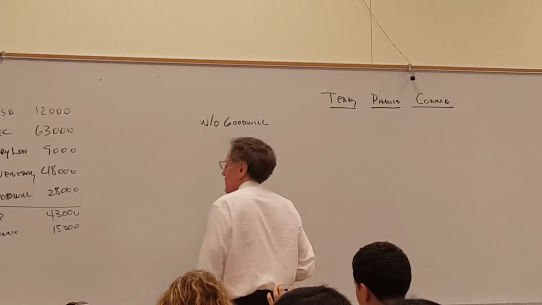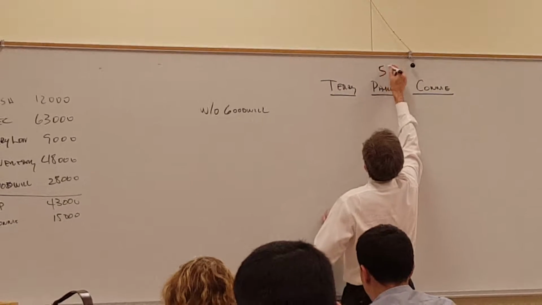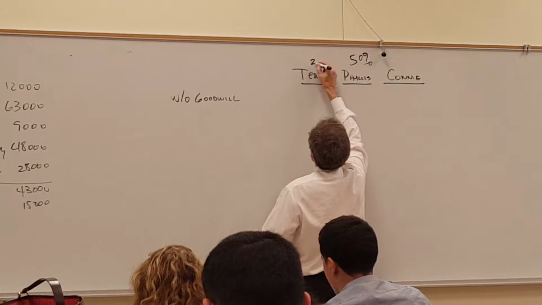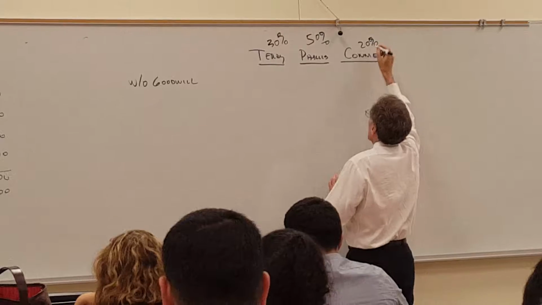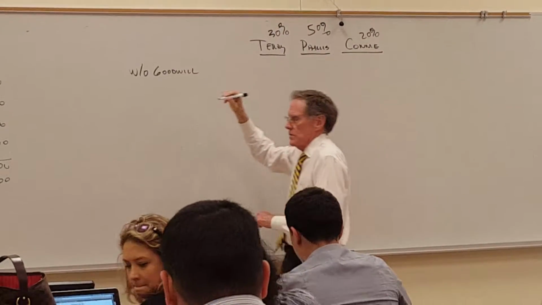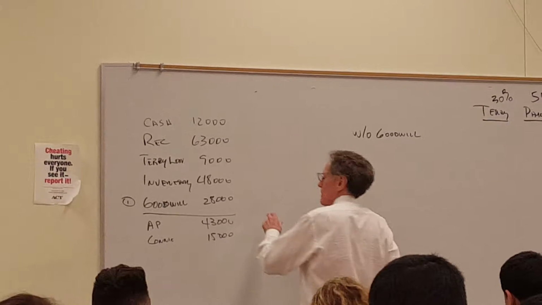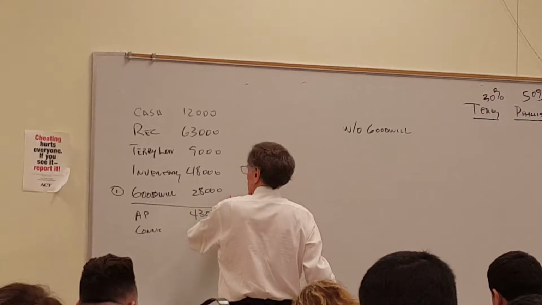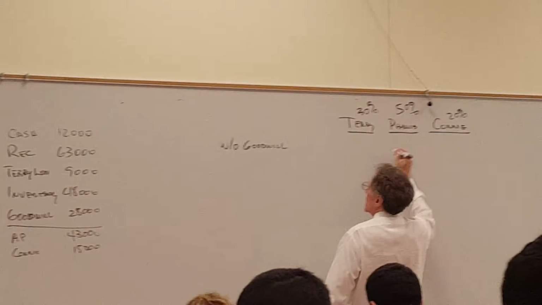And our write-off of goodwill, the $28,000, Phyllis has 50%, Terry has 30%, Connie has 20% of the cap, their revenue distribution percentages.